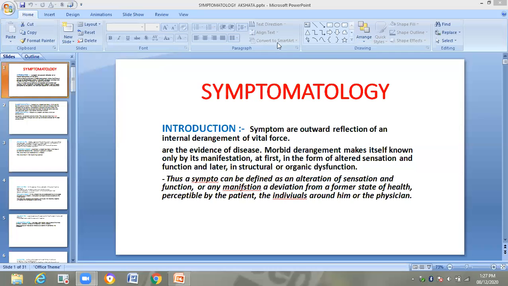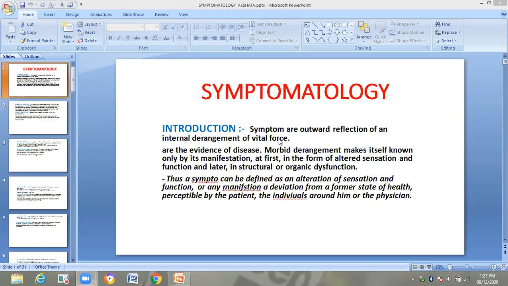So first, in this slide, the introductory part of symptomatology is given, that is, symptoms are the outward reflection of internal derangement of the vital force, which is the concept of Dr. Hahnemann.